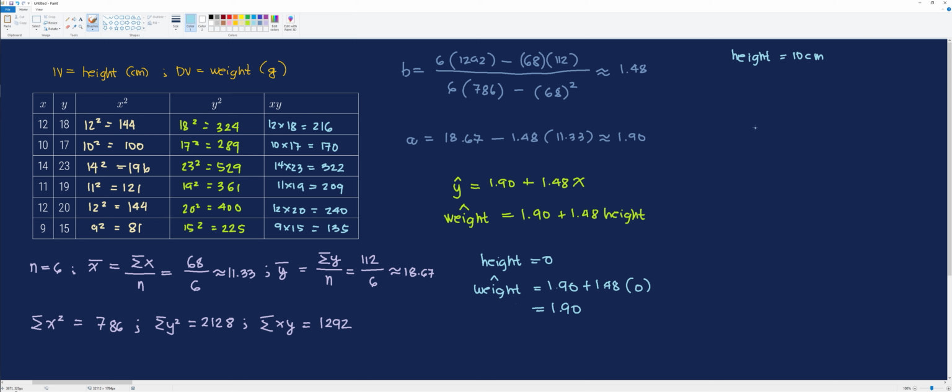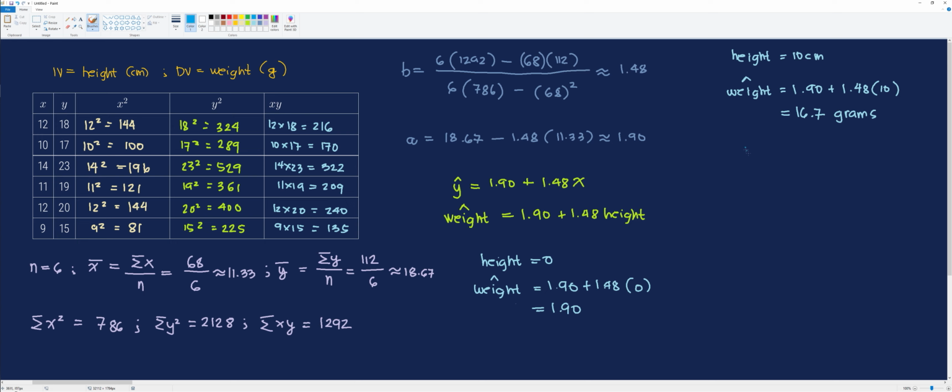Using the regression equation, we calculate the expected weight of our rat, and that is weight hat is equal to 1.90 plus 1.48 times 10, and that is about 16.7 grams. Hence, on average, the weight will be 16.7 grams if the height is 10 centimeters.